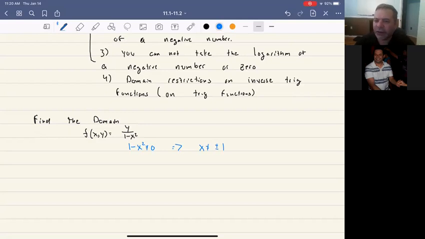Now we're going to actually graph this, because this is a planar equation. Think of this as a set of points in the plane.